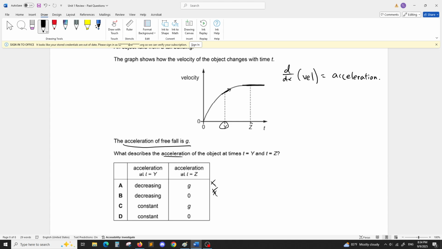In this case, z is when you have already reached terminal velocity. So it's going to be D. Also, I should reiterate that at y, the object hasn't reached terminal velocity, so our acceleration is still constant.